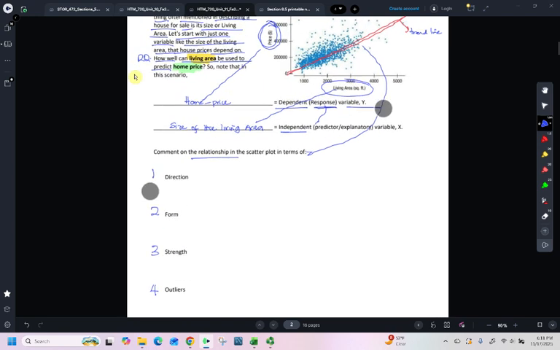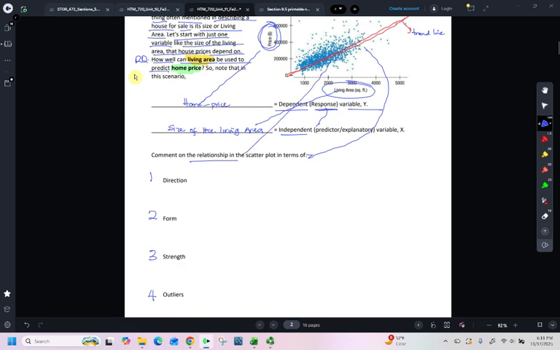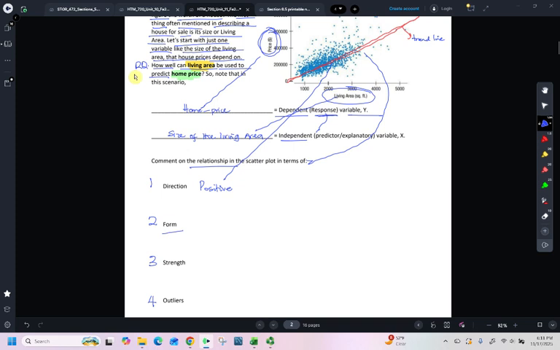As far as the direction is concerned, this line suggests a positive slope. That is, in the same way your right hand will slope up if you held it up. And for the form, I can see a linear form. That is the form of a line.